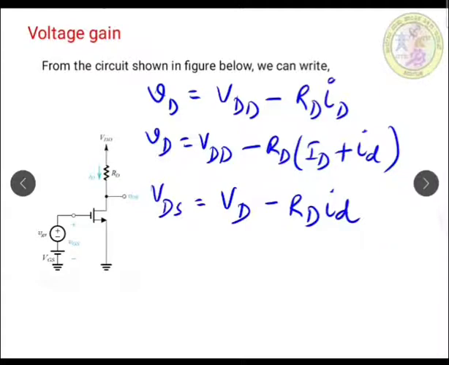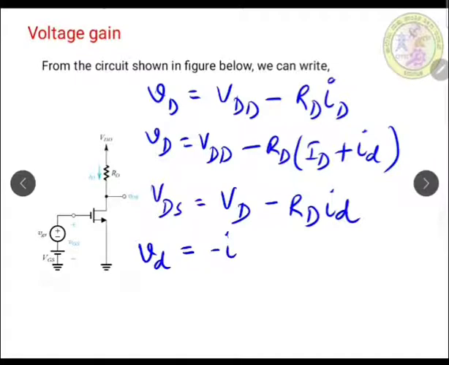Next, the signal component of the drain voltage, we write as small v with suffix small d, that is, only the signal component excluding the DC conditions.